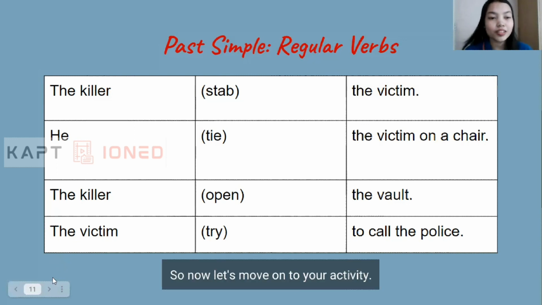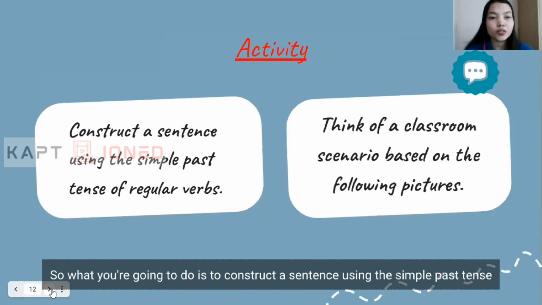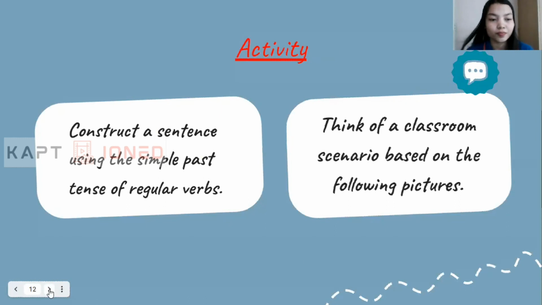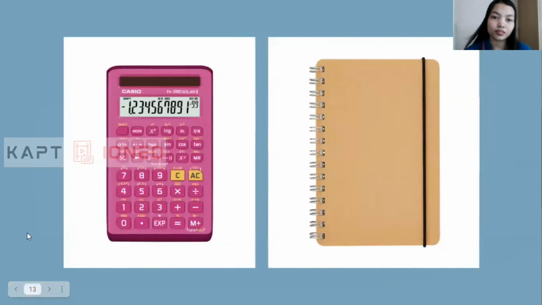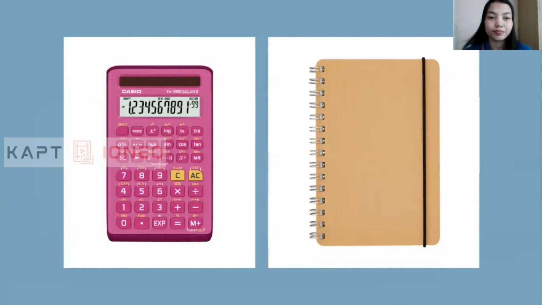So now let's move on to your activity. What you're going to do is to construct a sentence using the simple past tense of regular verbs. And you need to think of a classroom scenario based on the following pictures. If you want to answer, kindly unmute your microphone and state your surname.